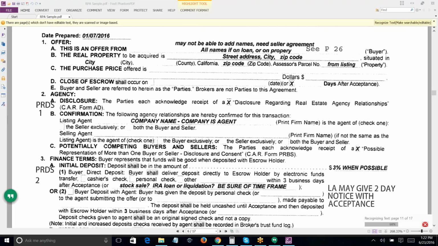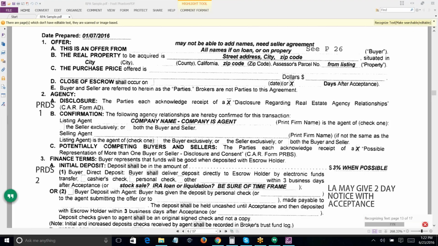And is it possible the buyer is not going to put their money in on the 3rd business day? If you don't do it on the 3rd business day and I'm the listing agent, what I'm supposed to do then is give you a notice to perform, right? It's a 2-day notice to perform, but that means you have 2 more days to put the money into escrow.